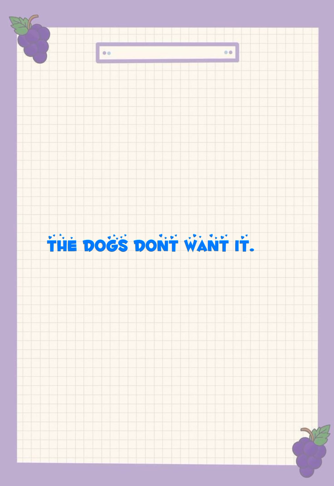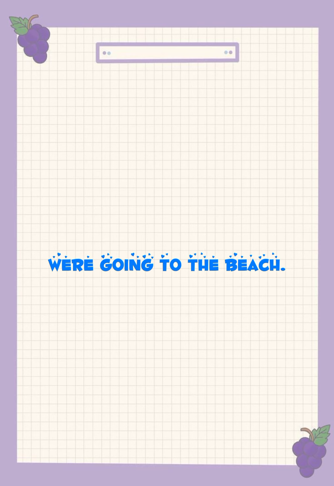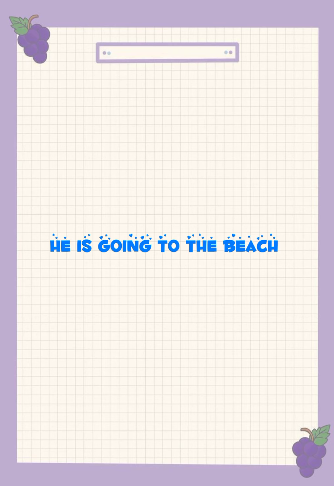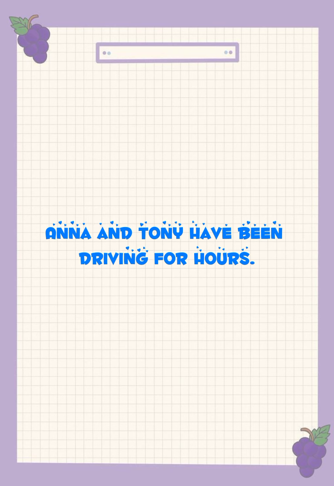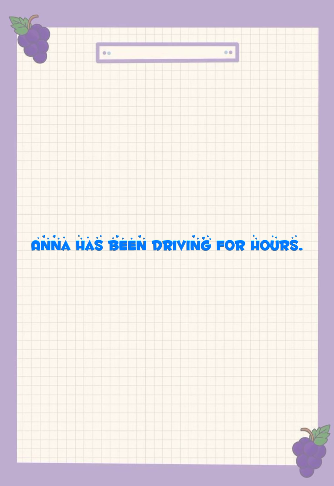The dogs don't want it. The dog doesn't want it. We're going to the beach. He's going to the beach. Anna and Tony have been driving for hours. Anna has been driving for hours.